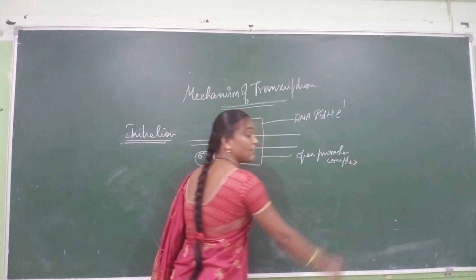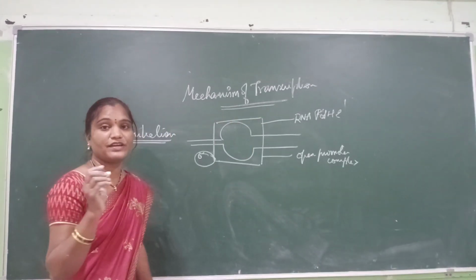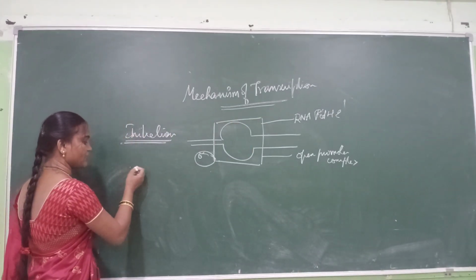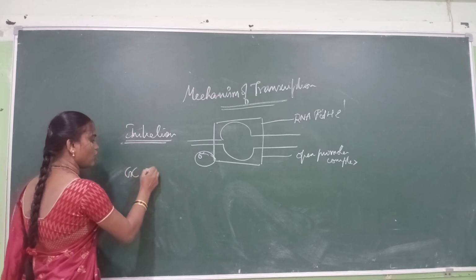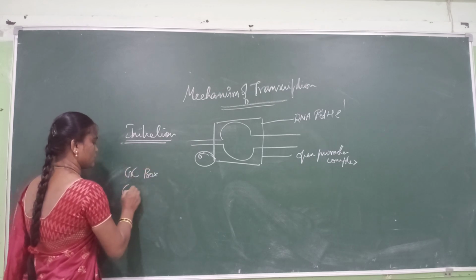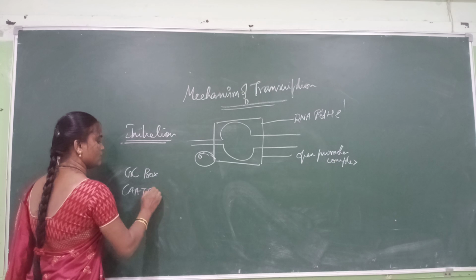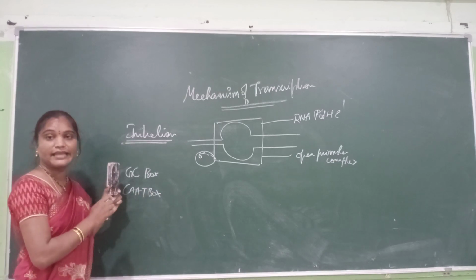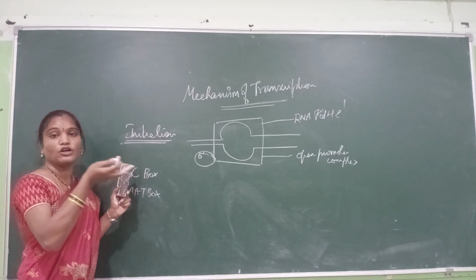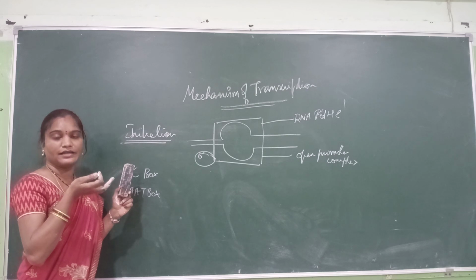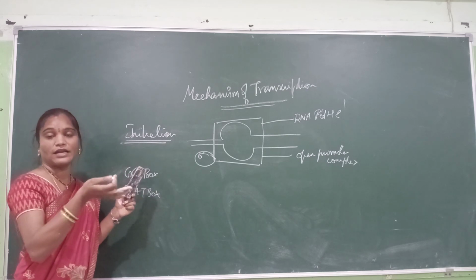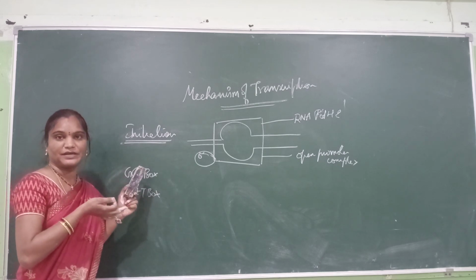So in the previous session I explained to you about different sites, the GC box and CAT box, isn't it? These both sequences are present upstream of your DNA template, isn't it?